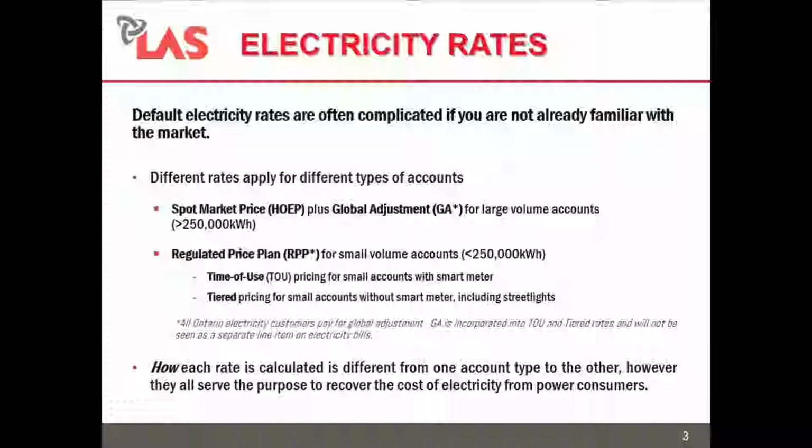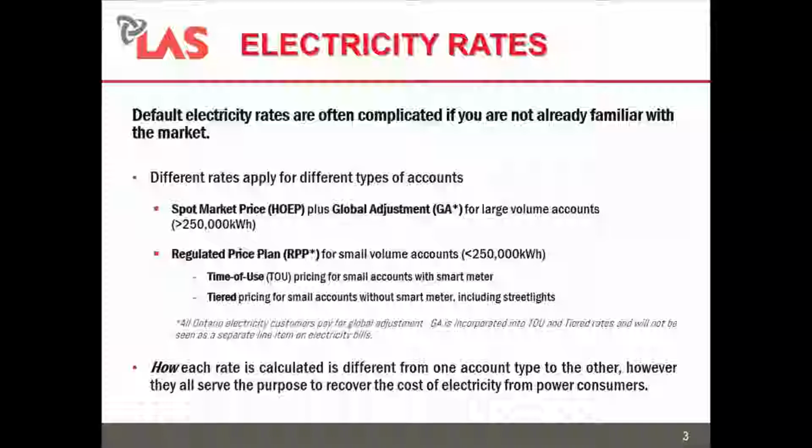There's a small number of customers in Ontario who don't have a smart meter, so the tier rate applies to them, which is just two tiers of fixed rate. So basically these are two groups of rates based on usage.